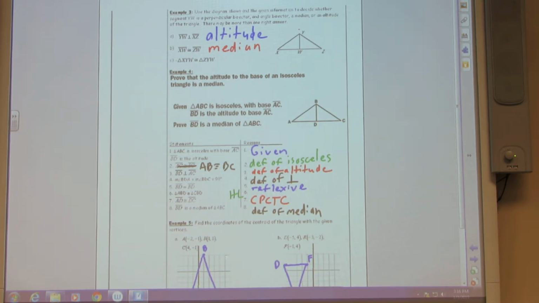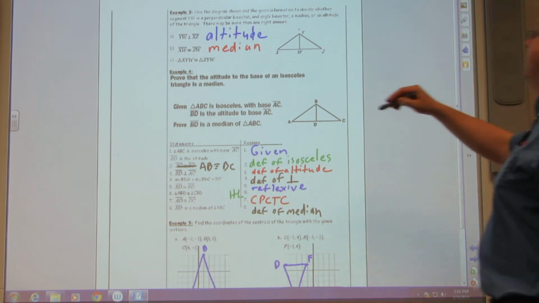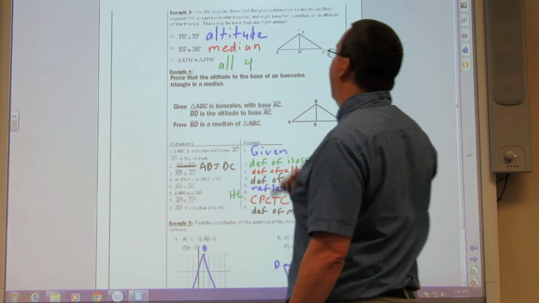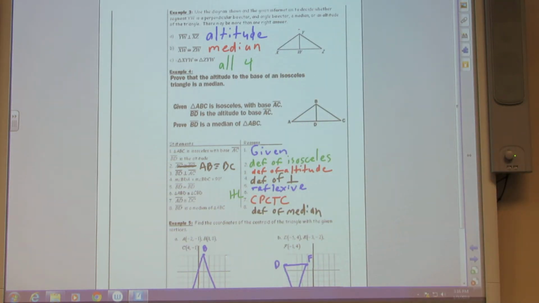Okay? If my triangles are congruent in this picture, I would have all four of my things. I would have the 90 degrees, the perpendicular, the segment being bisected, so I'd have the altitude, median, and perpendicular bisector. I would also have the angle bisected.